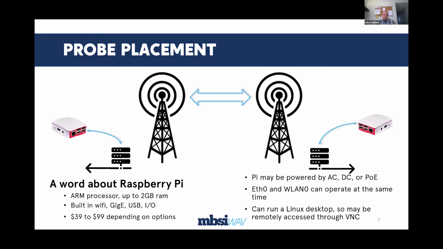It's an ARM processor, so it's a lightweight processor. You can buy them with up to 2 gigs of RAM. It has built-in Wi-Fi, Gig E, and USB, of course, and inside it has an I/O connector that you can do other things with, and it may be powered by AC, by DC, or by power over Ethernet with the right adapter board on the inside.